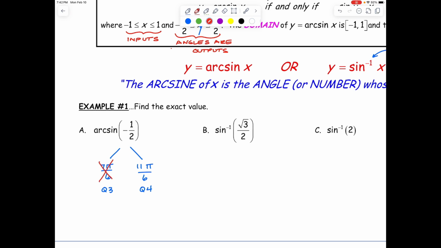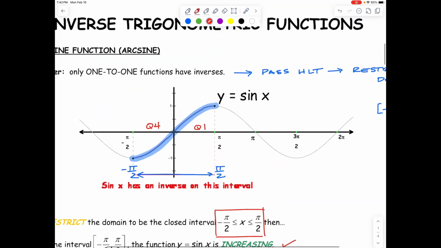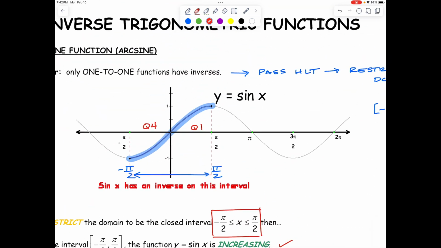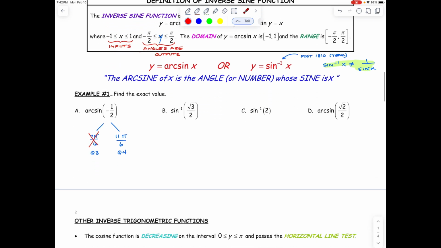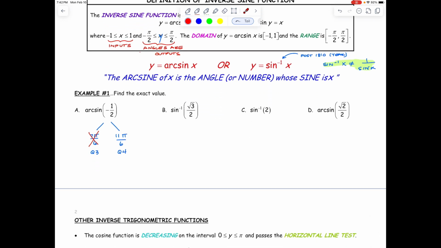But even 11 pi over 6, if you look up here, that is almost to 2 pi. So that's out here, and we need to be in this range. So 11 pi over 6 is actually in the fourth quadrant here. So we're going to have to rewrite that as a negative angle so that it fits between negative pi over 2 and pi over 2.